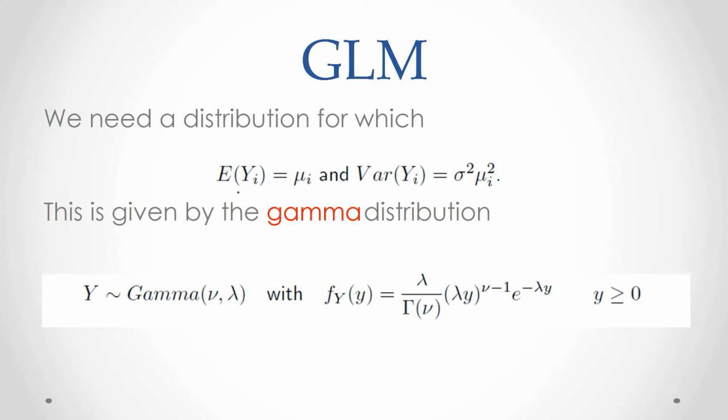The gamma distribution is defined as y follows gamma with parameters nu and lambda, where the density of y is given by f of y equal to lambda by gamma nu into lambda y to the power nu minus 1 e to the power minus lambda y for y greater than or equal to 0.